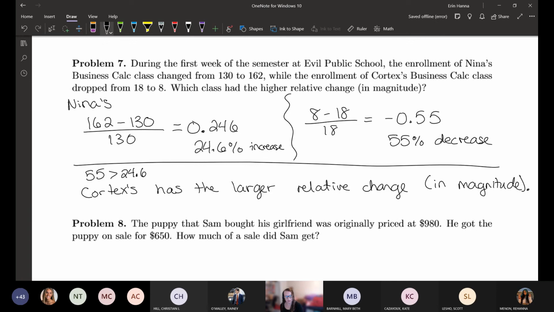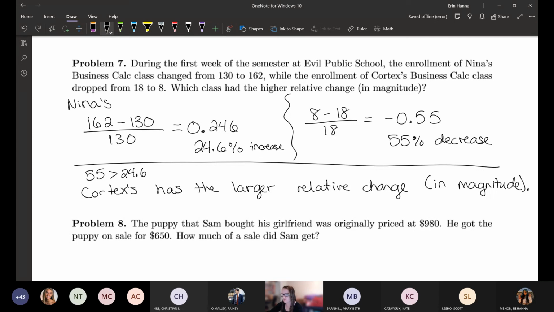So we'll leave this last relative change question to Wednesday, but let me babble about your quiz real quick and I will type it out in chat. So your quiz on Wednesday, let's see, what do I want to put on there? I definitely want to put on finding a linear equation.